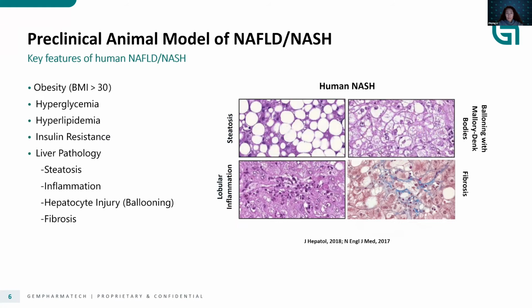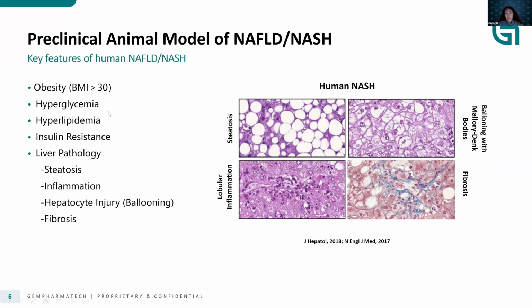So as an intro to the human situation here, I'm listing out a few factors that when we look at human disease or human NASH, what is typically looked for in the patients?